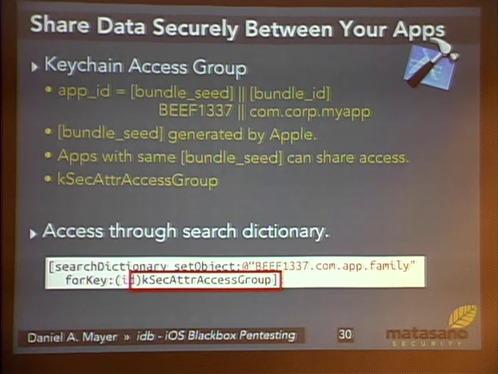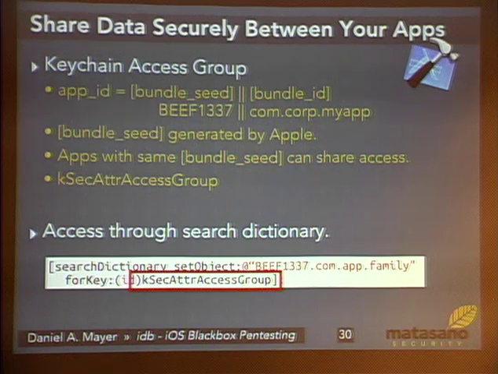And the way this is made secure is that every app ID in iOS has a bundle seed and a bundle ID. And the bundle seed is something which Apple generates for you, so they make sure that no two people have the same bundle seed. The bundle ID is just what you choose, so it's just something like com.company.myapp. And anything which has the same bundle seed in the application, in the entitlements, can actually access the same data.